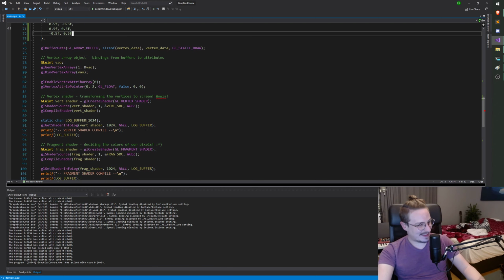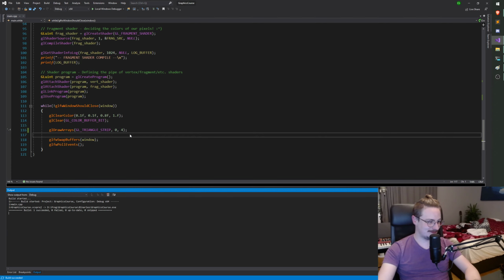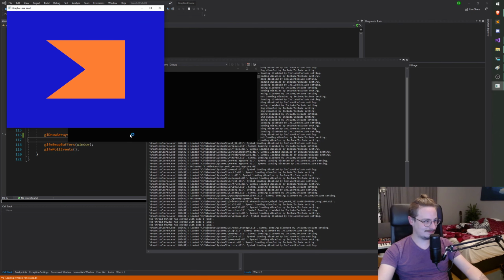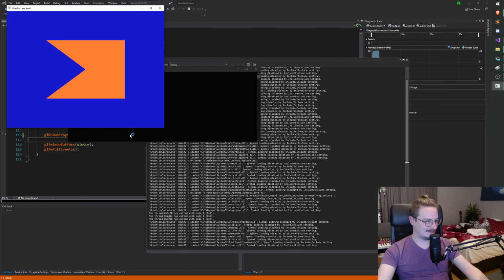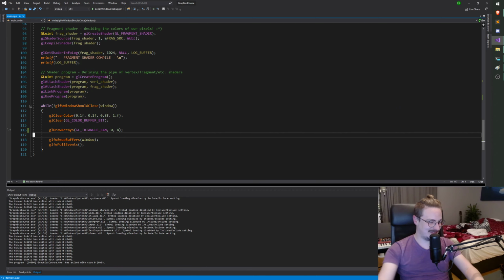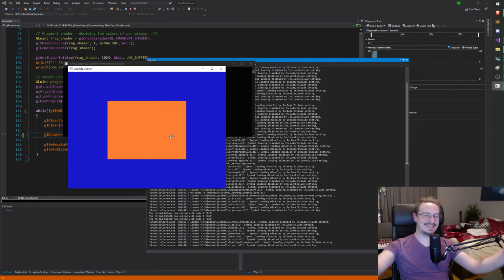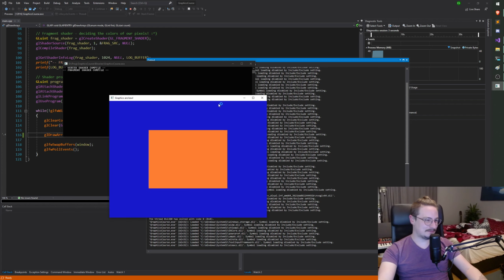So we're going in that direction, and let's try GL triangle strip. Fan, GL triangle fan. There it is. It's a square, or rectangle.